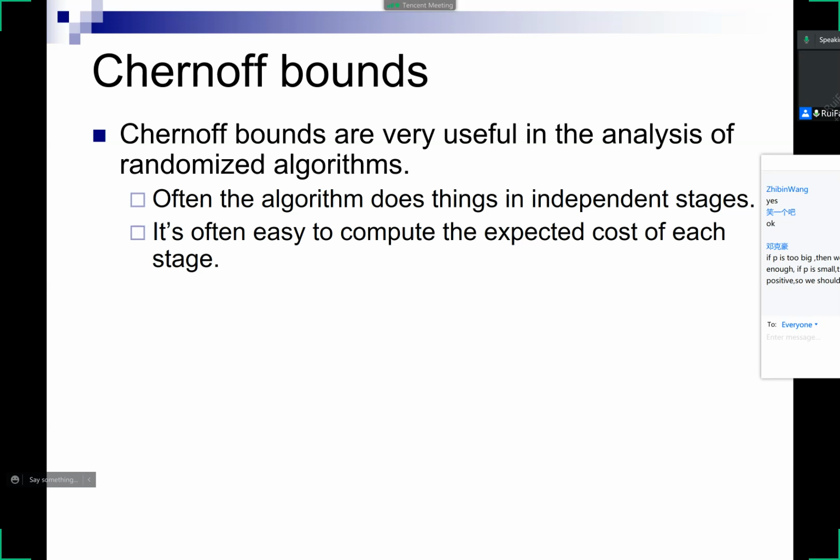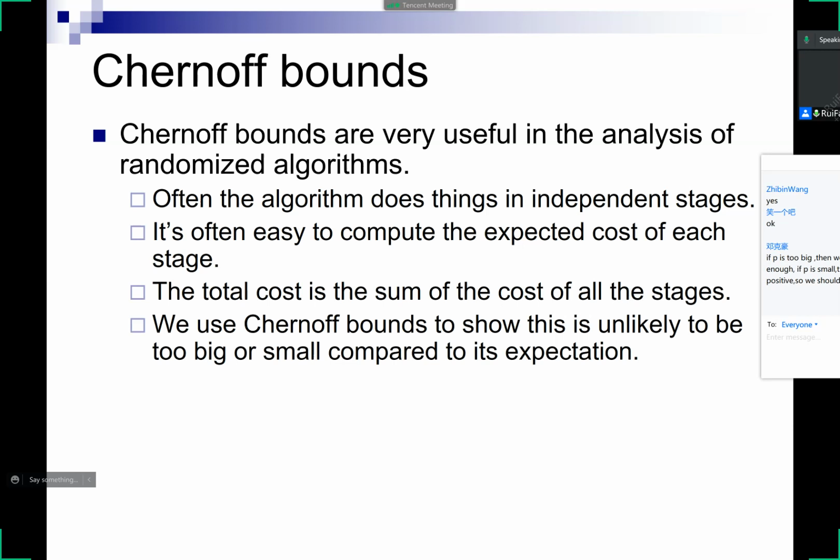And often for these independent stages, if you just look at the cost of each stage individually, it's easy to compute the expected cost. Because it's just one stage, it's not like many stages together, so it's easier to compute the expected cost. And then the total cost is just the sum of all of these individual costs. So for example, for quicksort, in each stage you have to break up the array into two parts.